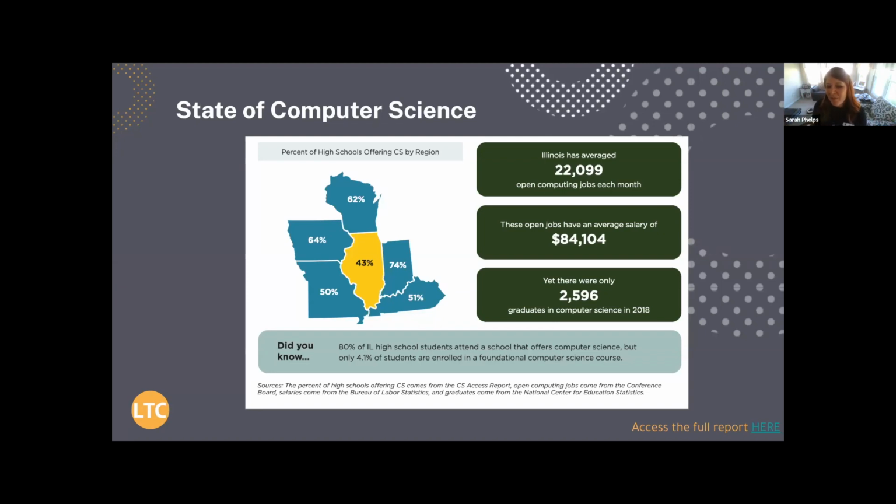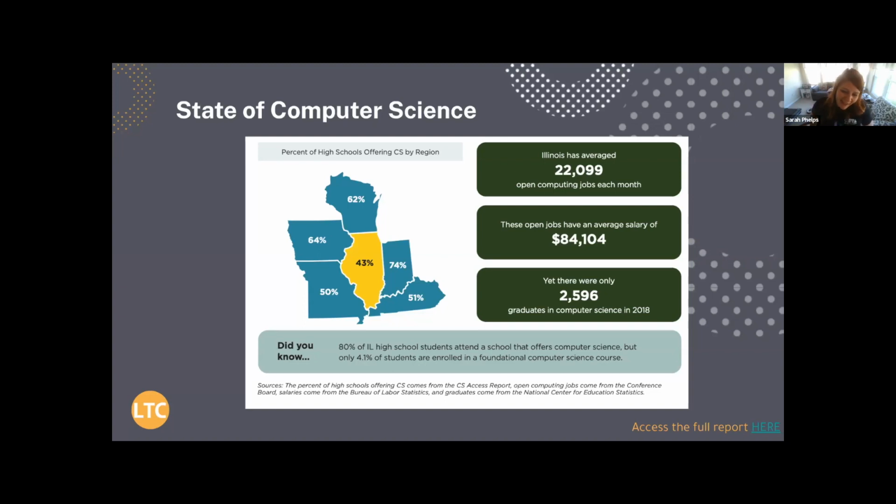But here's the number that hopefully is a motivator for you. Right now, Illinois is only graduating about 2,500 students to take those jobs. So in computer science, we are not graduating students to fill the jobs that we have available. This light blue fact is also pretty important.